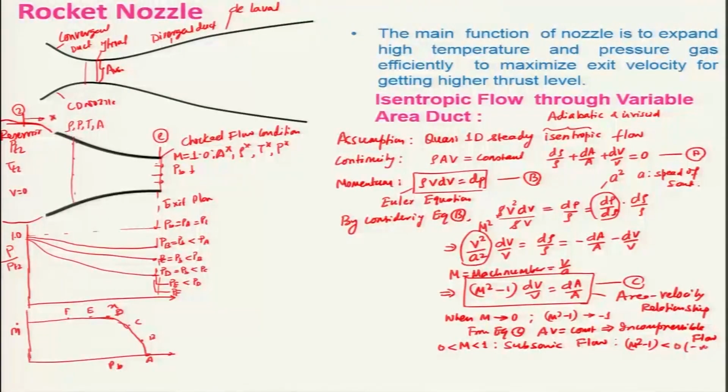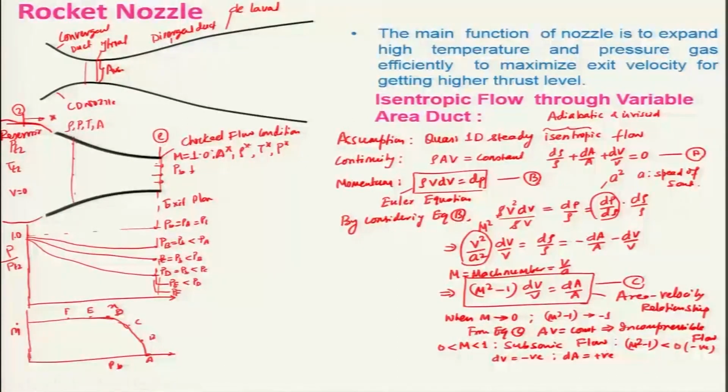And with this negative, from this equation we get, for the subsonic flow case, dV is negative when dA is positive.